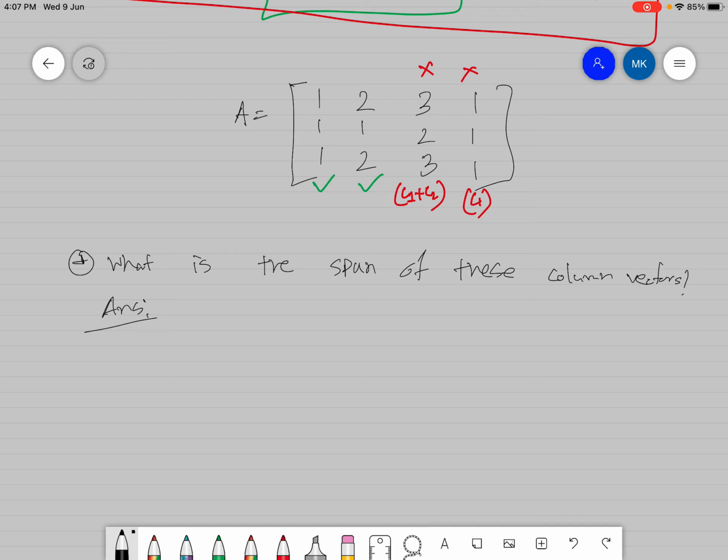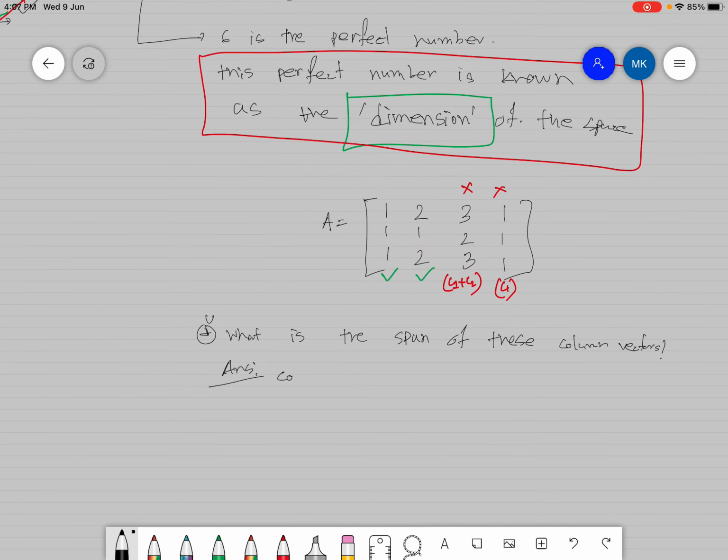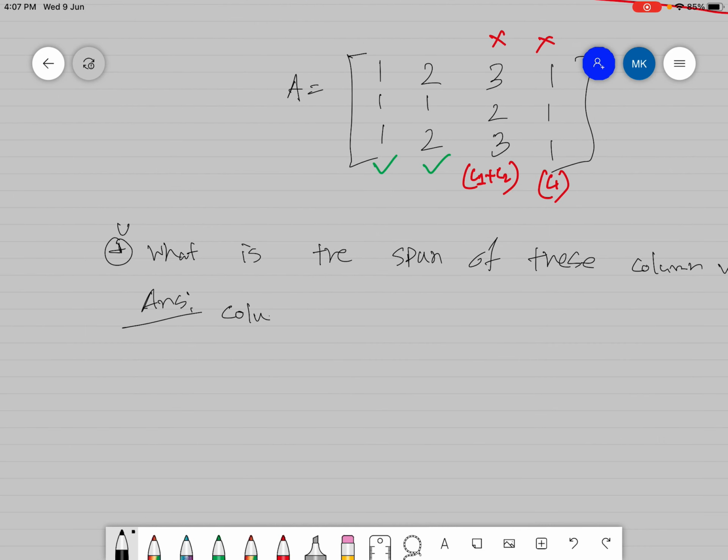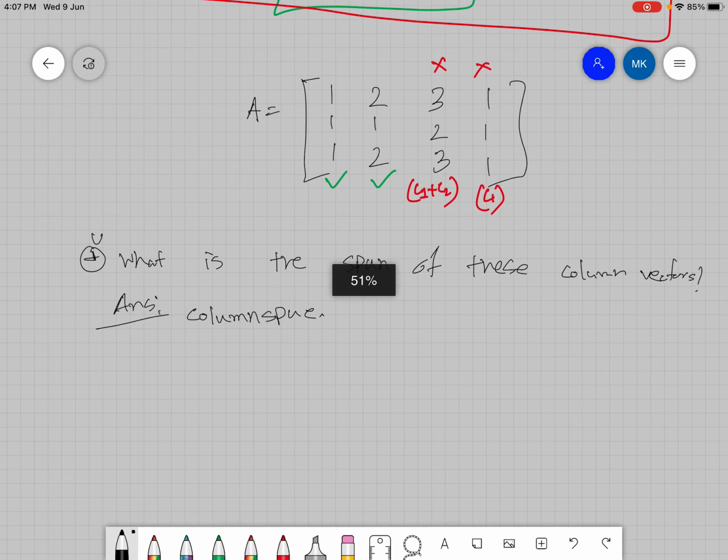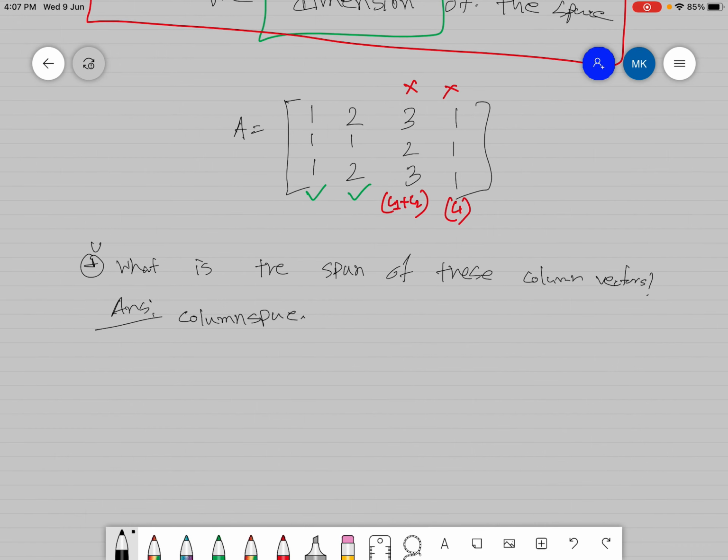So the span of the columns of any matrix is the column space. So the simple answer is the column space. And if I want to give you a more specific answer, there are two independent columns here, and the span is basically all the linear combinations of these two columns.